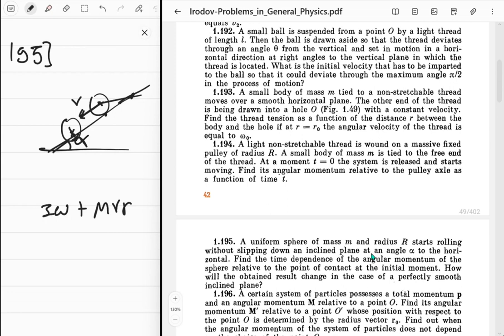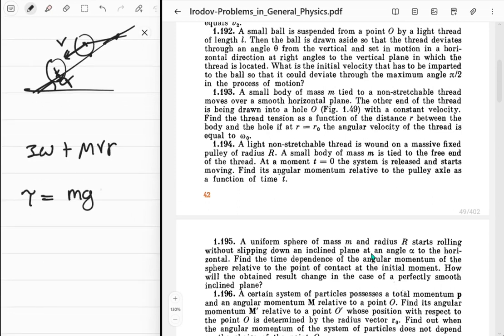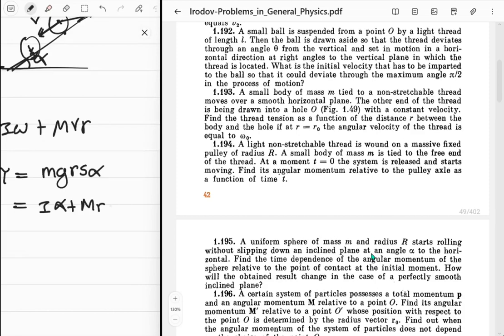So our torque, which is just mg r sine theta, that's just sine alpha, is equal to the derivative of this thing. It's going to be I alpha plus mr times acceleration. In case of pure rolling, alpha is equal to a upon r.